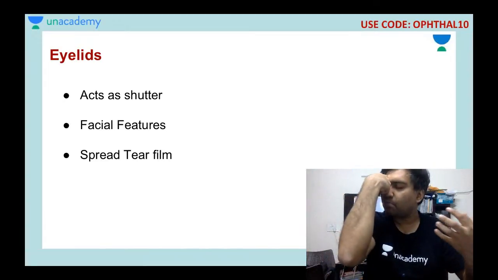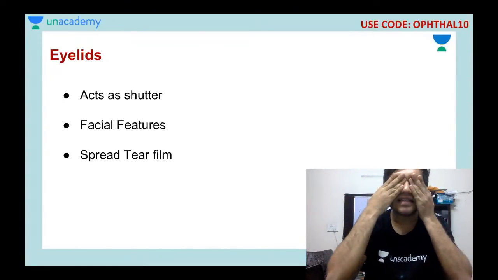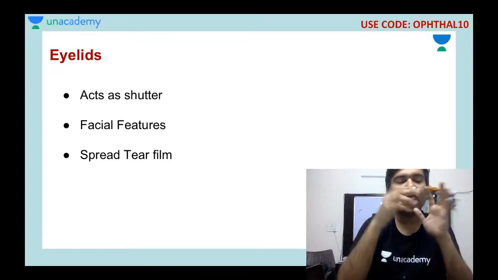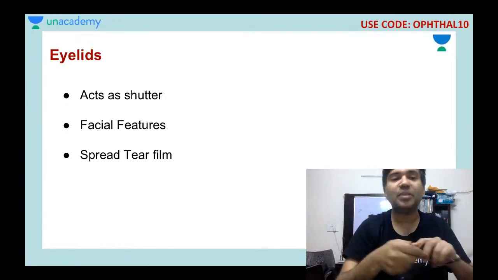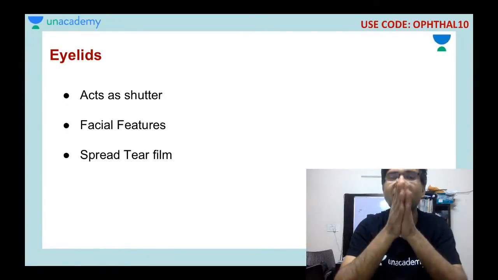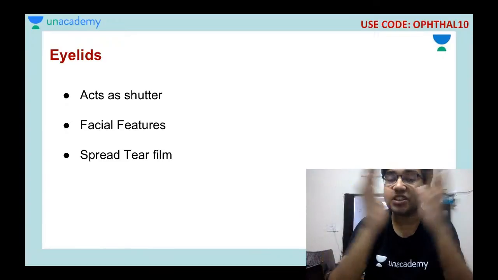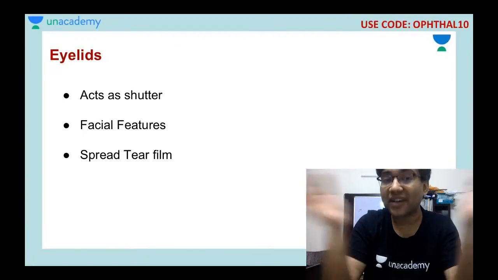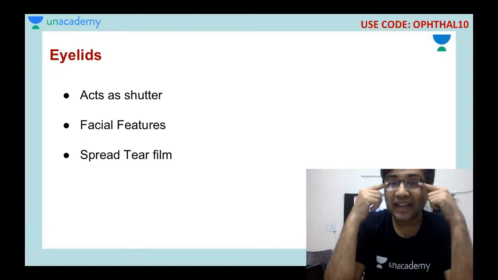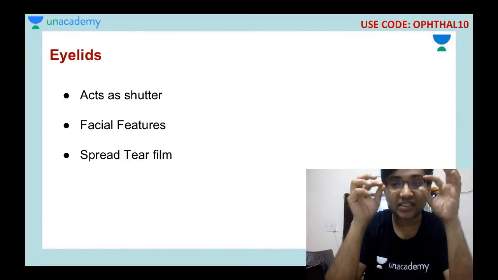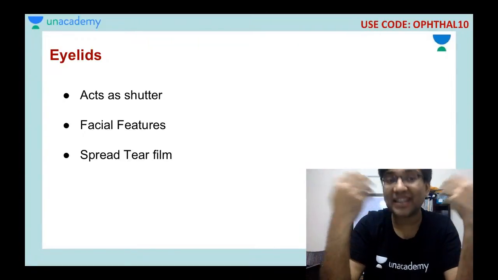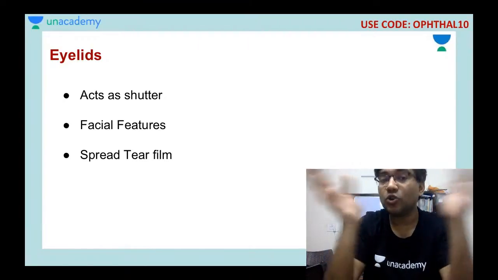Let's say I got a blunt trauma and my eyelids are closed. This blunt trauma would have some dampening because of our eyelids. Our facial features are there because of our eyelids. Your eyelashes, your lid crease, how much they are opening, this gives you a good look.